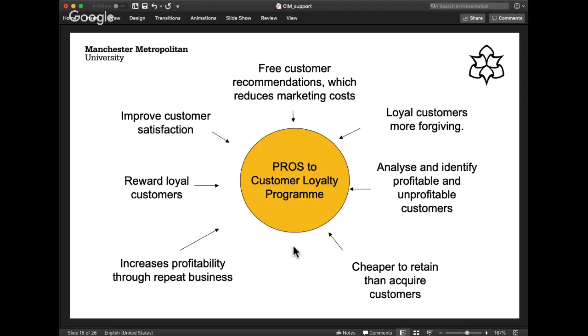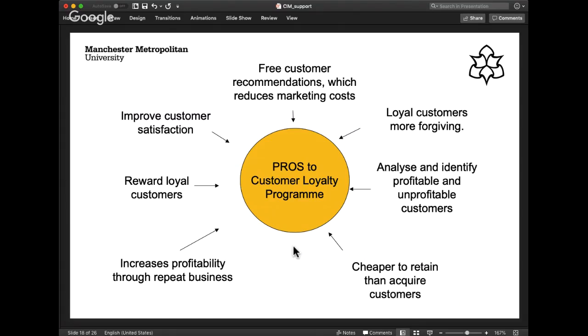So when we go through this consideration, we look at some of the advantages and some of the disadvantages of a customer loyalty scheme. So the big thing about this is that here are some of the pros.